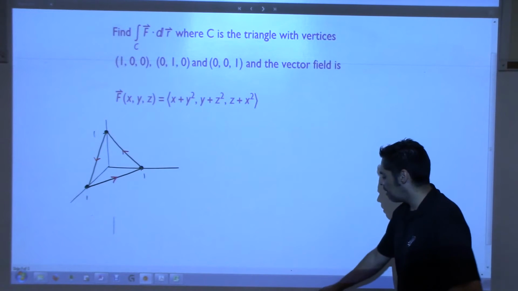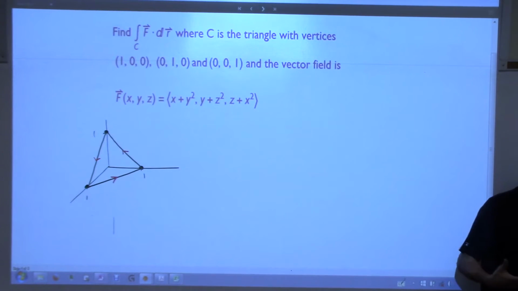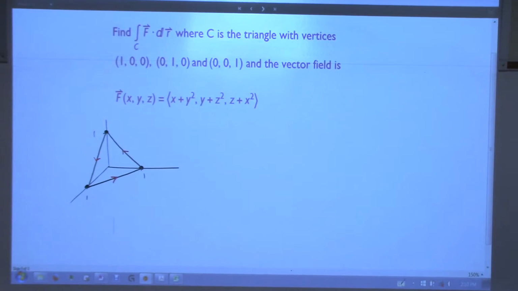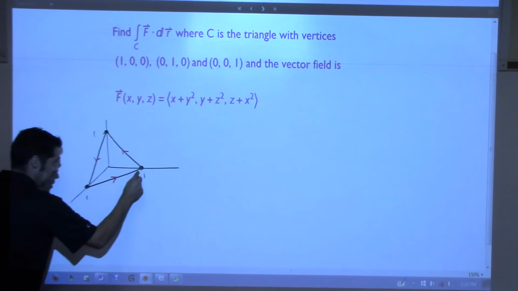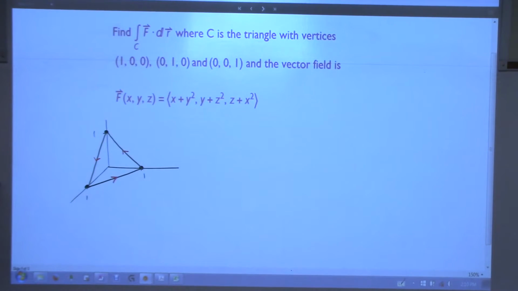Now, if you were not going to use Stokes' theorem, what would you have to do? You split it into three separate curves, C1, C2, C3. You would have to find parameterizations for each of those curves, which are line segments.